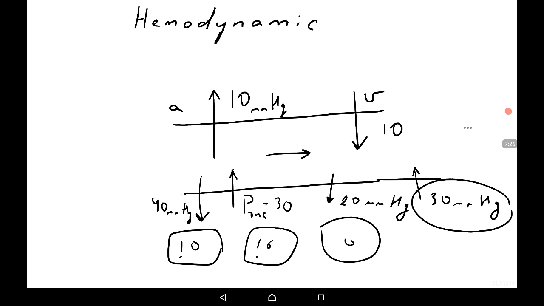If the venous pressure increases due to the insufficiency of the cardiac muscle, for example, then also cardiovascular edema will be observed.